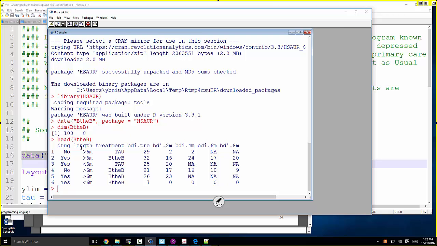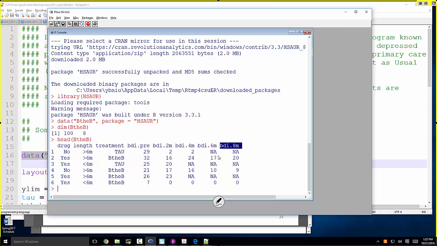Let's see. So we're going to focus on the treatment variable. Treatment as usual means control group. BtheB means treatment group. And then these are measurements of depression. So a questionnaire that tries to quantify depression levels.